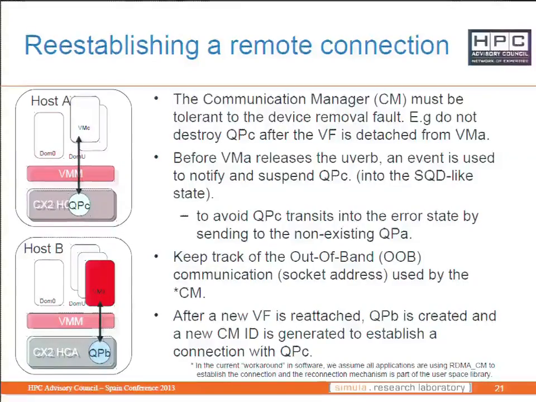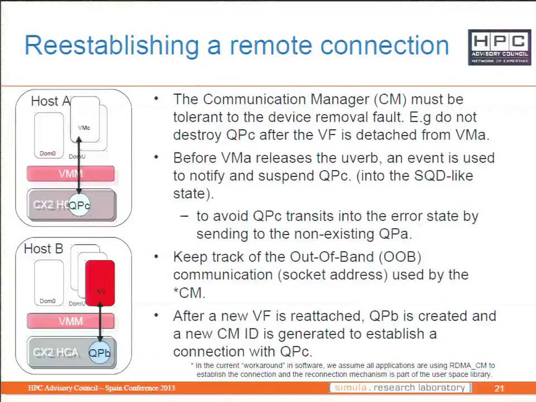The communication manager must be tolerant to device removal fault. So when we just remove the virtual function, the QP RC from this machine must not be destroyed. And how are we sure that this will not happen?